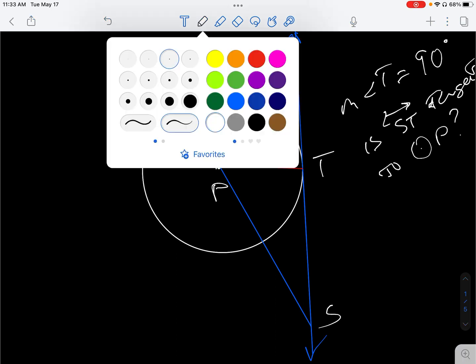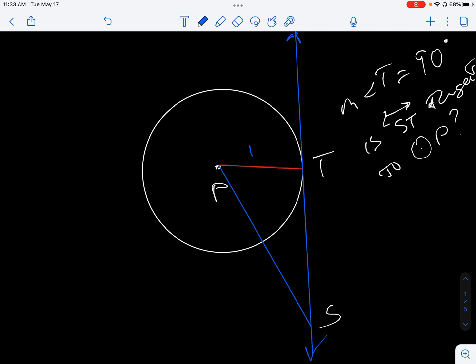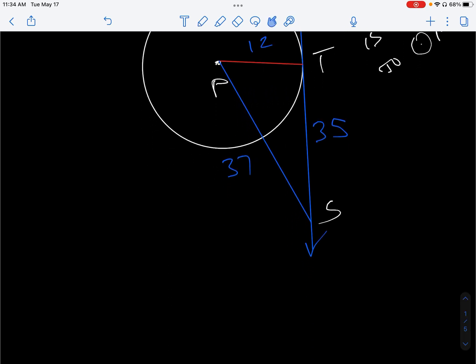Well, we would have to measure these and find out that this measures 12, this measures 37, and this measures 35. Let's make it room. So how could we possibly know if it's a tangent? Well, we know the Pythagorean theorem: a squared plus b squared equals c squared.